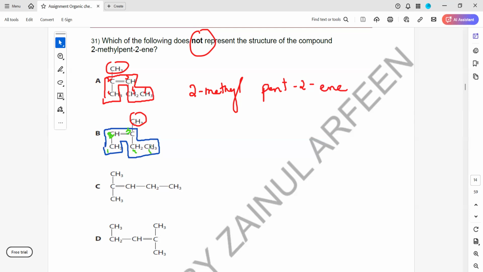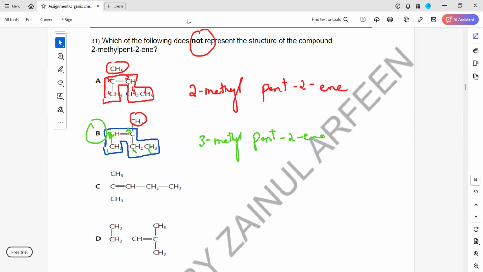So 1, 2, 3, 4, 5. The third position has a branch, so it is 3-methyl. 5 carbon atoms are there, so pent. The second carbon has a double bond, so 2-ene. So it is 3-methyl pentene. That's why B will be the right answer, because B is not representing the structure of 2-methyl pentene.